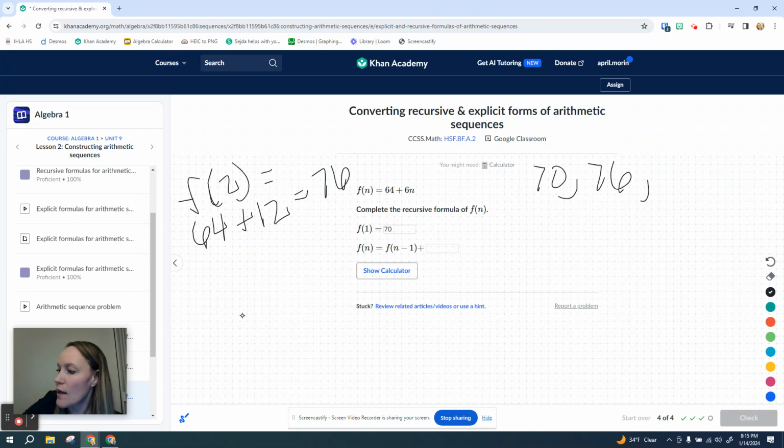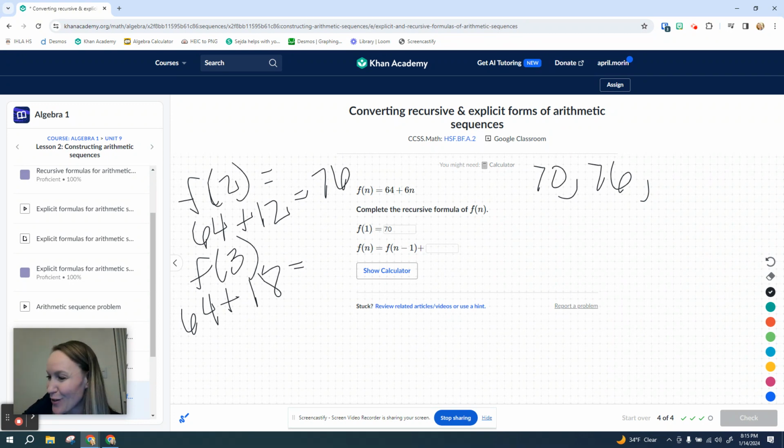76. Okay, f of 3. 64 plus, if I plug in 3, 6 times 3 is 18. 8 plus 4 is 12. Carry the 1, right? 7, 8, 82.